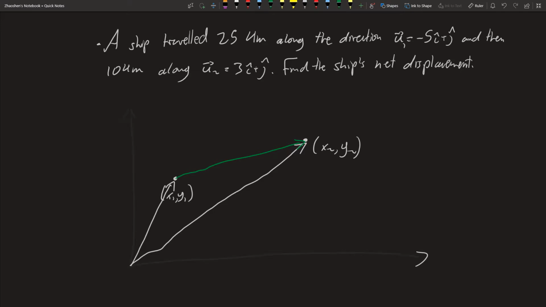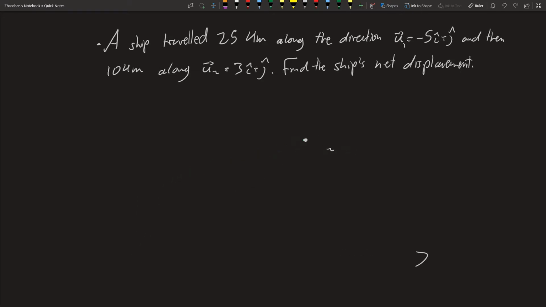All that this example is saying is you're following two paths. First is 25 kilometers, so how long is the first path? It's 25 kilometers. That means you have two paths, so let's name our vector p. The magnitude of p1, which is how long it is, is 25 kilometers, in the direction of this vector here.